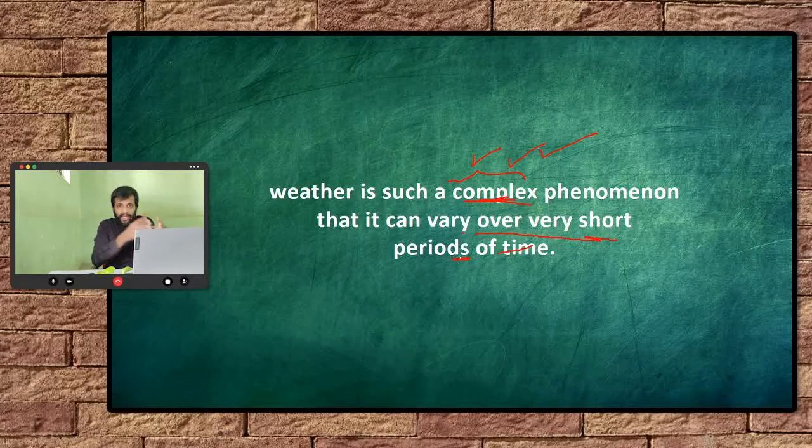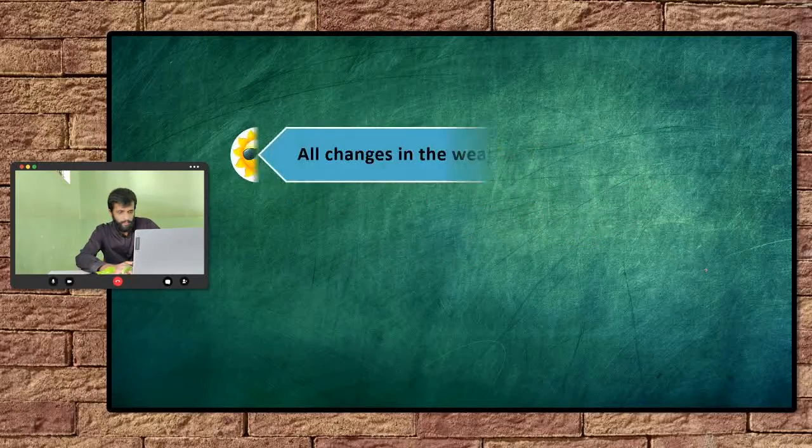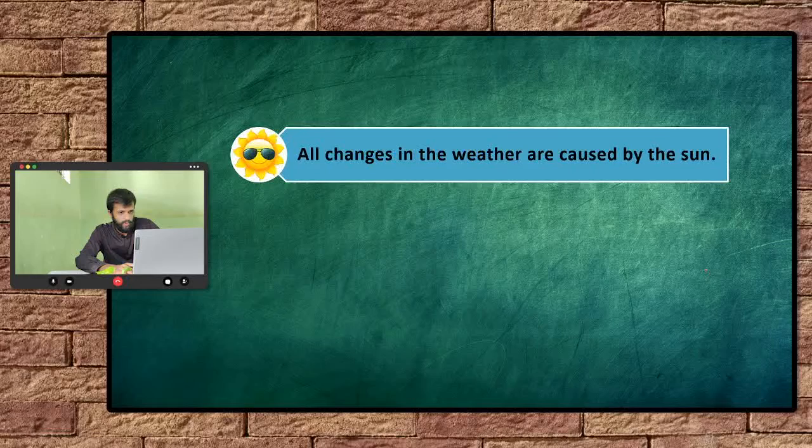So that change happens because of the weather, and it's a complex phenomenon which can change in a very short period of time. So how does this weather change? Who decides it? Weather is experienced or felt because all changes in weather are caused by the sun.